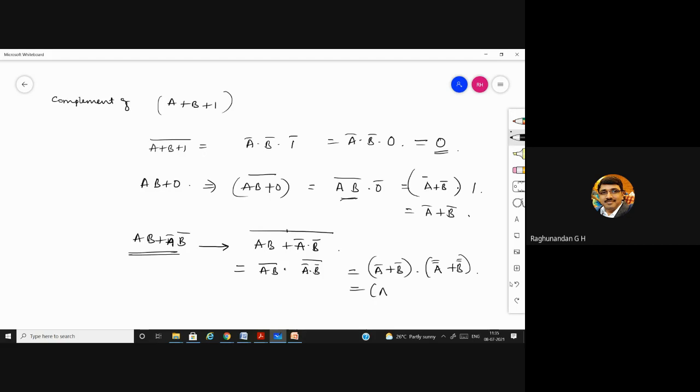That is equal to A bar plus B bar into A plus B. So that is A bar A plus A bar B plus A B bar plus B B bar. So this tends to 0, this tends to 0. We'll get A bar B plus A B bar. This is A exclusive OR B.